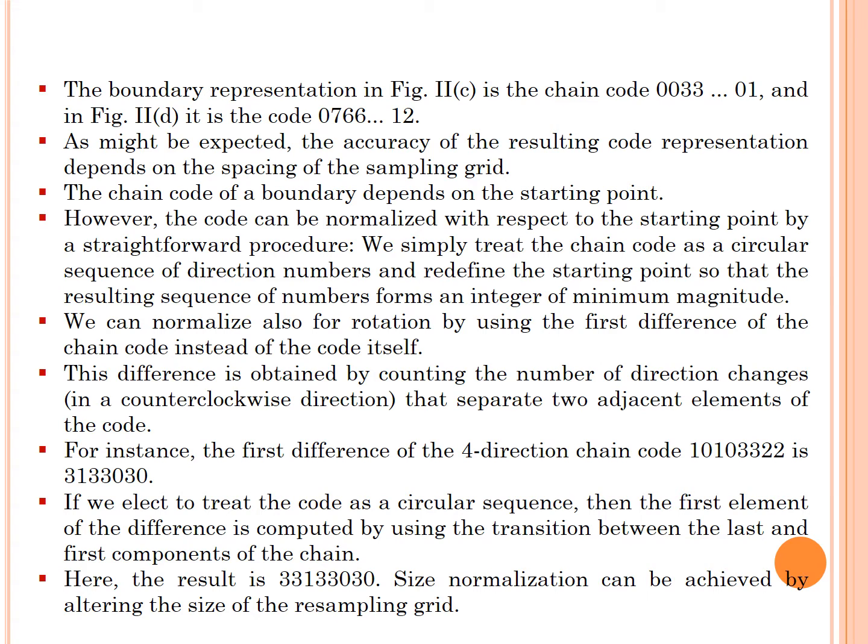If we elect to treat the code as a circular sequence, then the first element of the difference is computed by using the transition between the last and the first components of the chain. Here, the result is 33133030. Size normalization can be achieved by altering the size of the resampling grid.